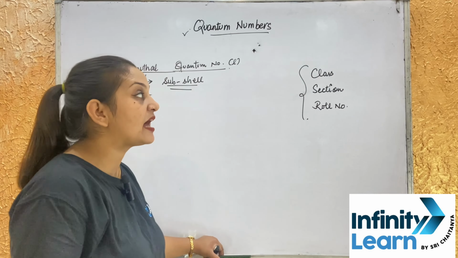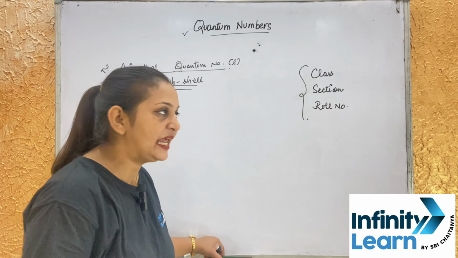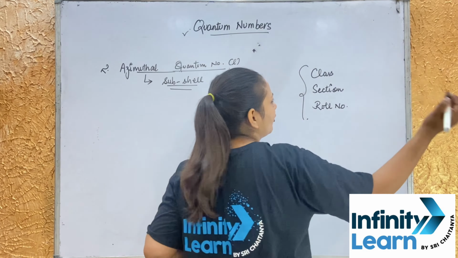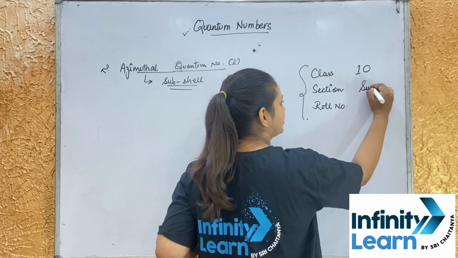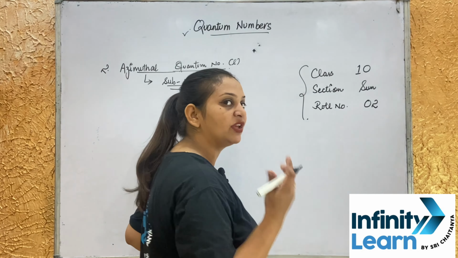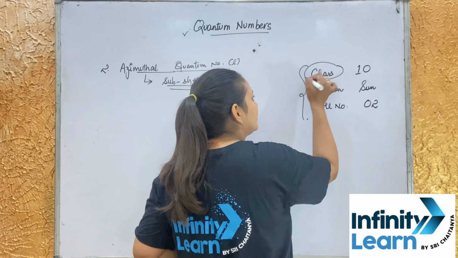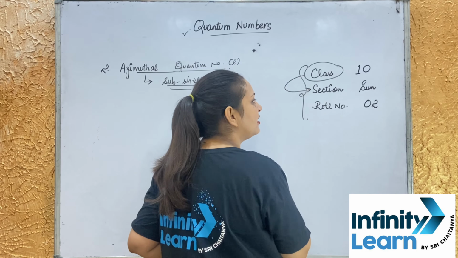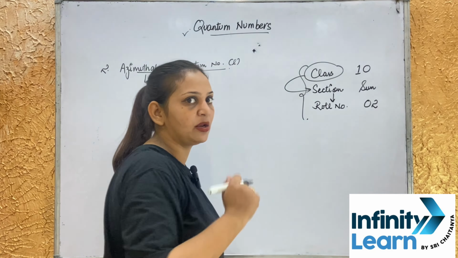These three things are required to locate a child in the school. Like if someone is in class 10, section is C and roll number 2, we can easily locate a child. So in class there is a section divided and inside section there are roll numbers.